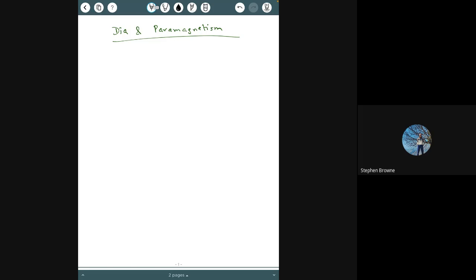So you will always have some sort of competition between dia and paramagnetic interaction. For example, the interaction of the spin of electrons and nuclei will always be paramagnetic. They will want to go towards the field. But overall, we will see charge cloud interactions which are diamagnetic, which are repelled by the field.